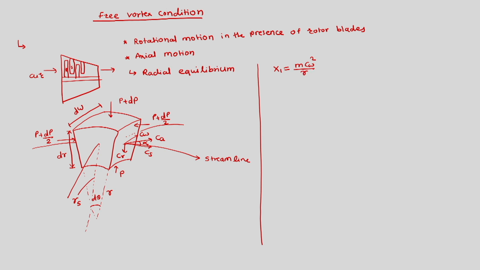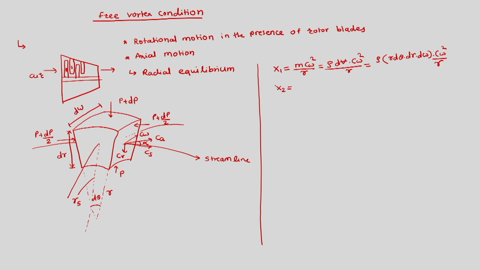This is due to the rotational motion along with the rotor. Now m is mass, which is density times delta V, the volume, times CW square divided by r. We can further write the volume as r d theta times dr times dw, times CW square divided by r. So this is the first acceleration in the presence of rotational motion.